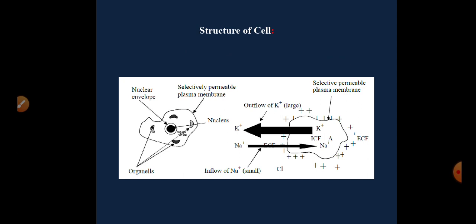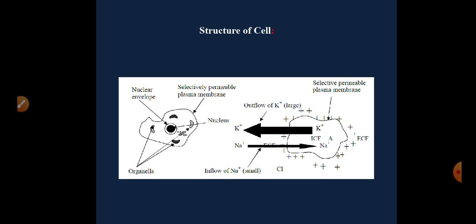From the figure you can observe the structure of the cell, right? The cell consists of a plasma membrane, a nucleus and a cytoplasm. The plasma membrane is a selectively permeable membrane, which allows only certain ions to pass through, like sodium, potassium and chloride.